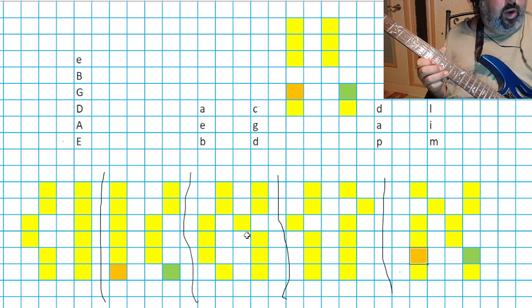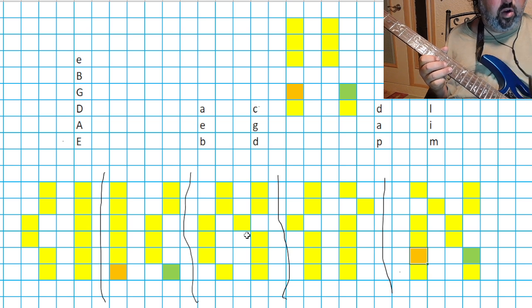I tried to put some of the white notes in there since we're going so much.